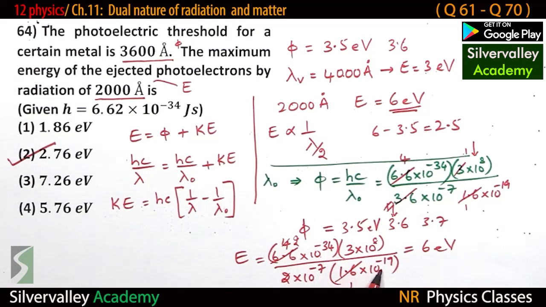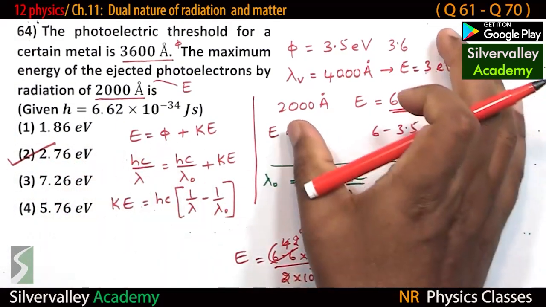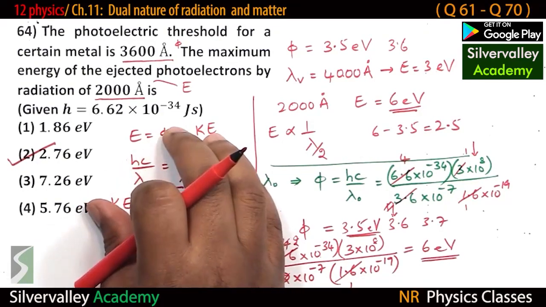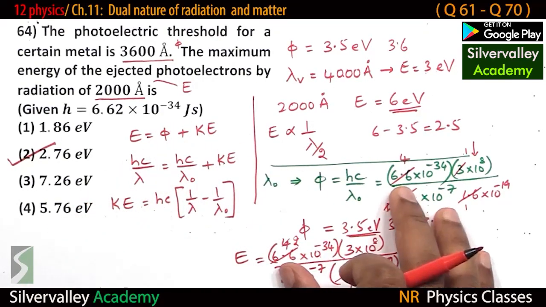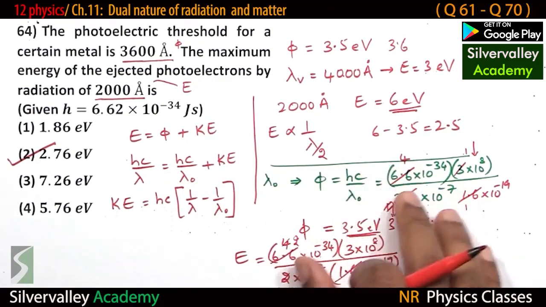Simplify the powers of 10, that turns out to be 10^0. So 6 minus 3.5 is 2.5, close to 2.5, 2.76. So here is the approximation, here is the regular method we find in books, and this is the same thing with detailed calculation.